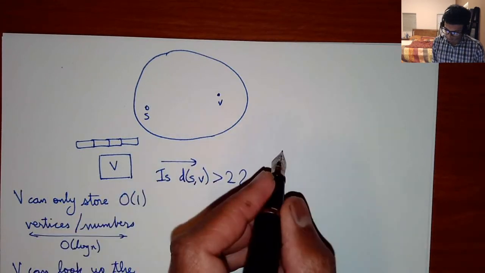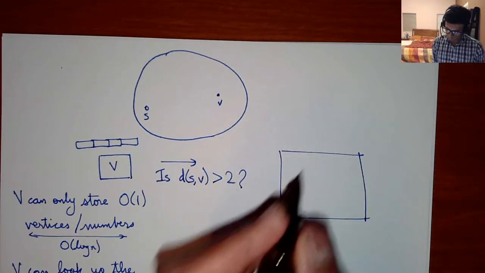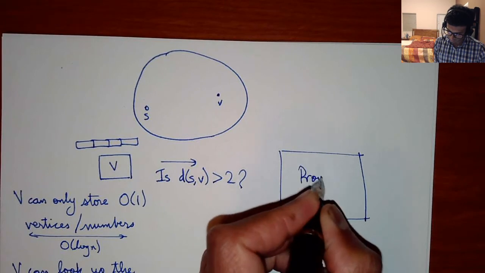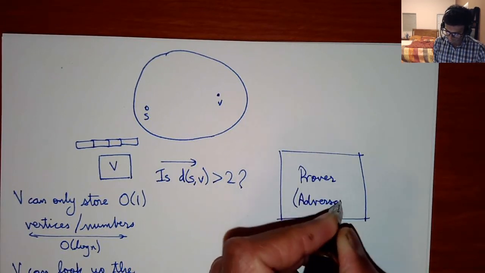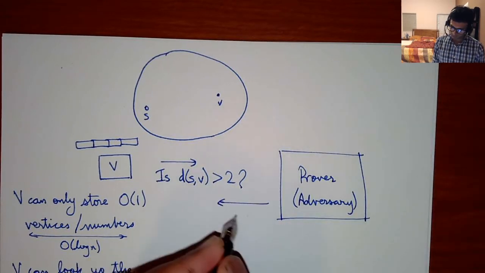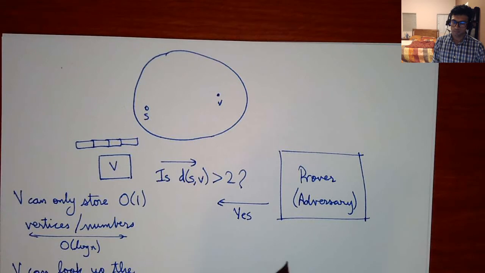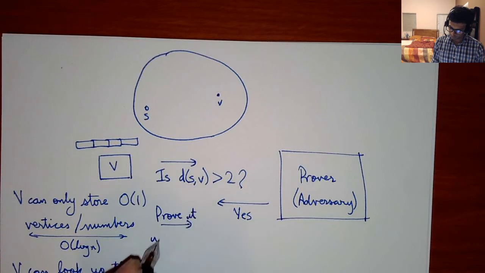And let's say it's talking to what's usually called a prover, who's sort of like an adversary. And so the prover says yes. So the verifier is going to say, prove it to me. Prove it using a read once certificate.